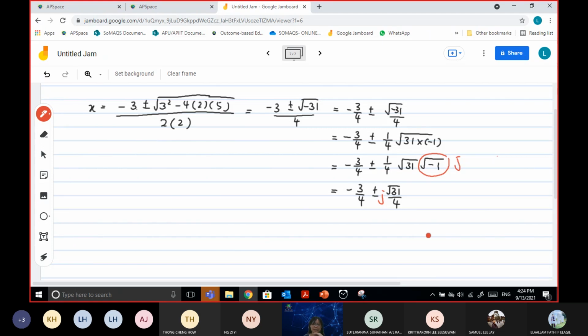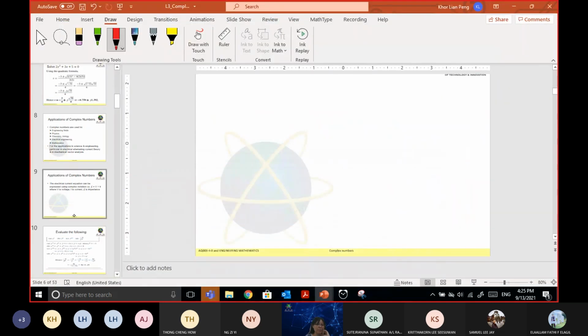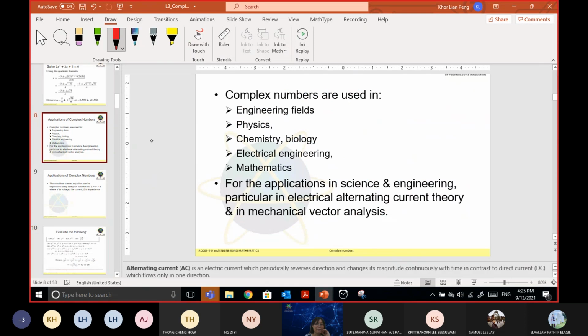As I said, this is the real part and this is the imaginary part. This form we call the Cartesian or rectangular form. Okay, basically we have already done the first part.